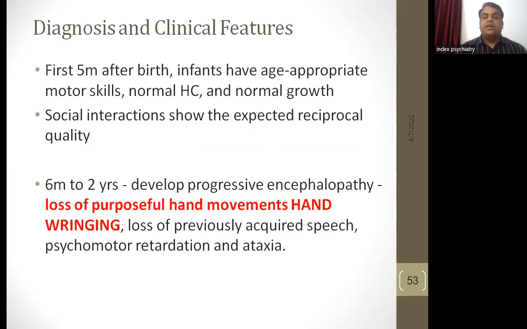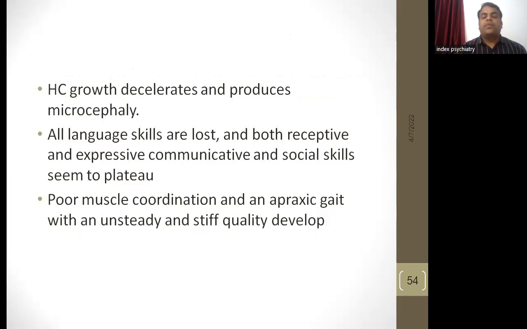Diagnosis and clinical features. In the first 5 months after birth, infants have age-appropriate motor skills, a normal head circumference, and normal growth. Social interaction shows the expected reciprocal quality. From 6 months to 2 years, they develop progressive encephalopathy, loss of purposeful hand movement, hand wringing, loss of previously acquired speech, psychomotor retardation, and ataxia.